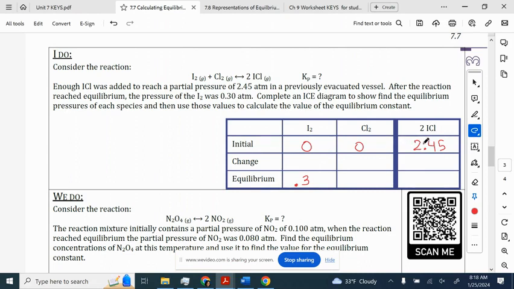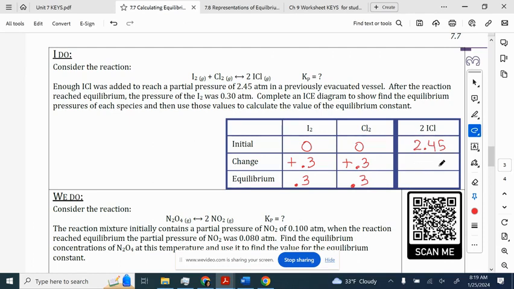So we formed 0.3 of this. So we added 0.3 here. And if we added 0.3 here, and these are in a 1-to-1 ratio, what do we have to add here? 0.3, which means at equilibrium, that's going to be 0.3.